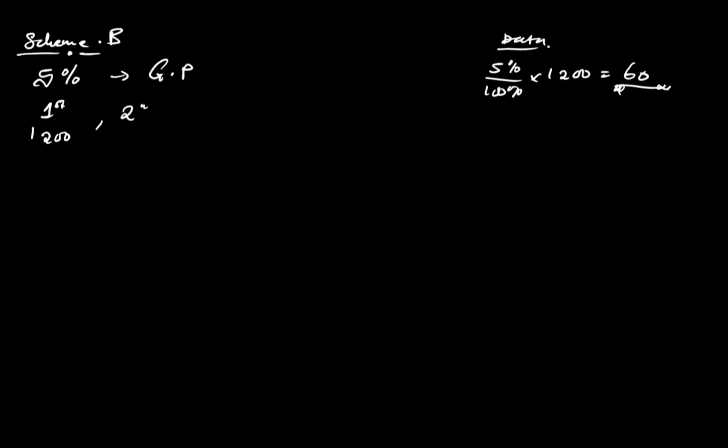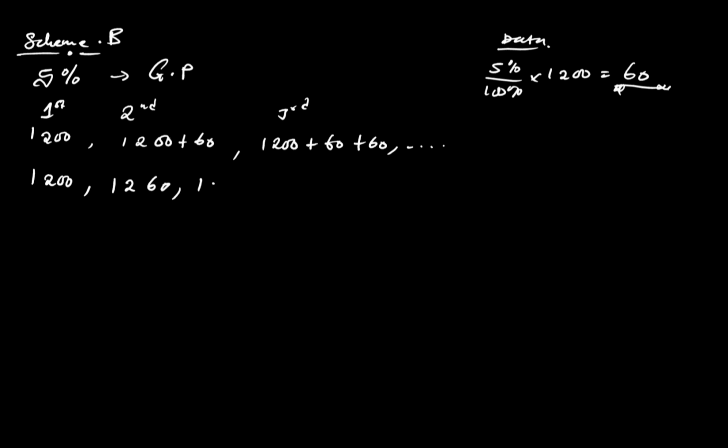This means that in the second week, we'll have 1,200 plus 60. And then in the third week, we'll have 1,200 plus 60, then again plus another 60, and this keeps on going. If we sum this up, we'll have 1,200, then 1,260, then 1,320. It keeps on going.